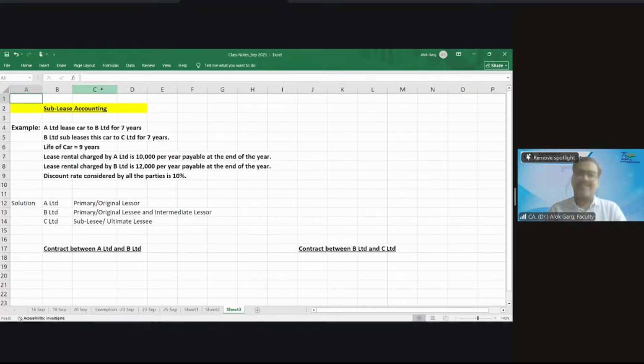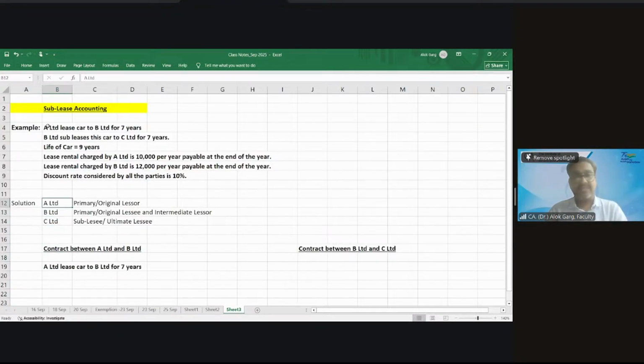So let's stick to the first contract first. A Limited leases a car to B Limited for 7 years. B Limited subleases this car to C Limited for 7 years. Life of the car is 9 years. This is the first contract and its terms and conditions.